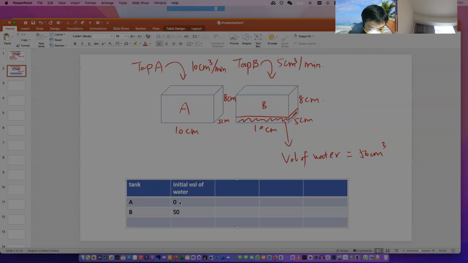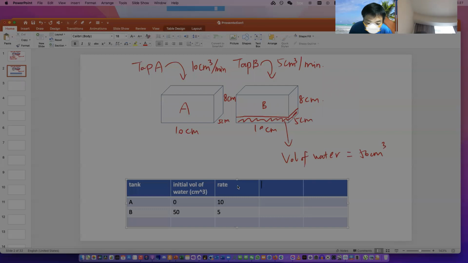Let me put the unit here so I don't have to put the unit below. And the heading of this column is rate. For tank A, the rate of water going in is 10. For tank B, the rate of water going in is 5.